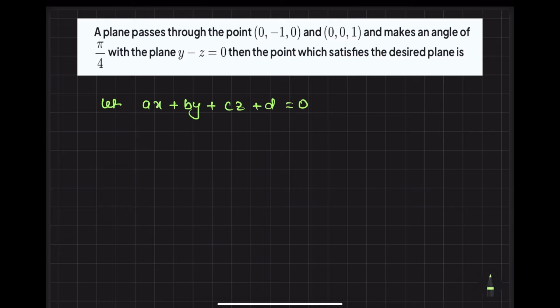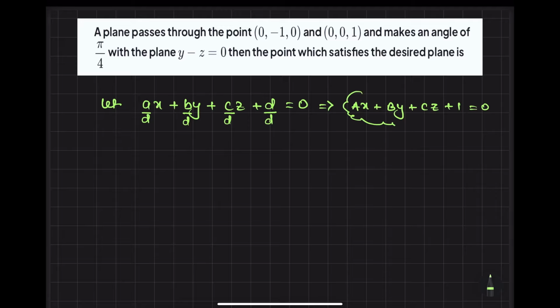So what I want to do is to minimize the number of variables. I will divide both sides by d. Suppose if I divide both sides by d, we will have a by d, b by d, c by d and d by d. So this thing will be updated into ax plus by plus cz plus 1 equals to 0.